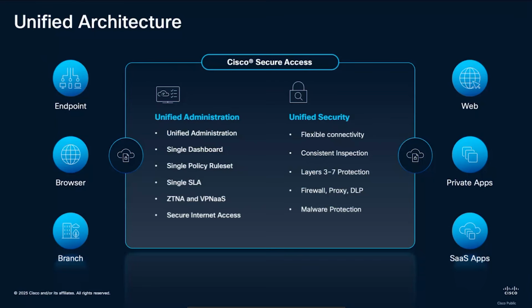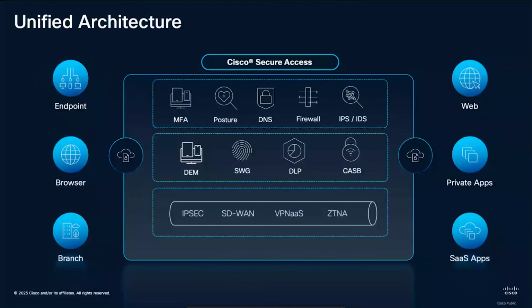For example, with the firewalling part, with the IPS part, with the DLP part, with the malware protection. All of this is provided from a single management console with all the features available to protect our end users when they are trying to connect to both the internet access or the private access.